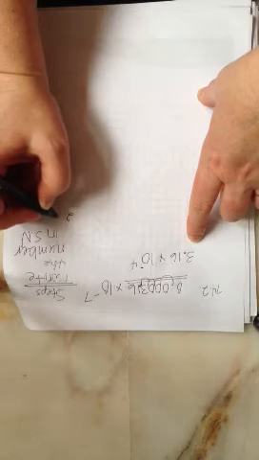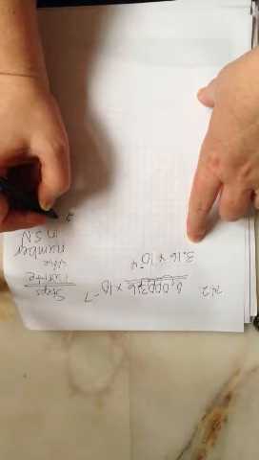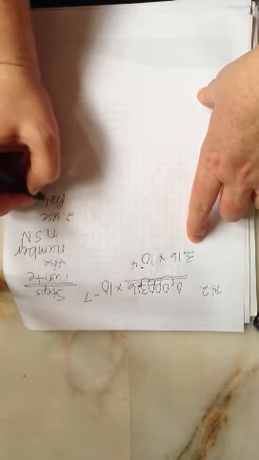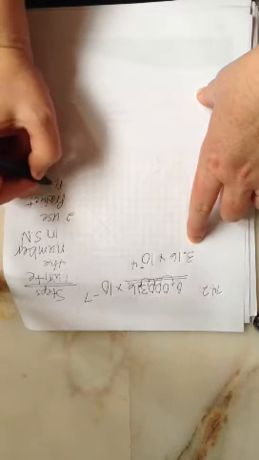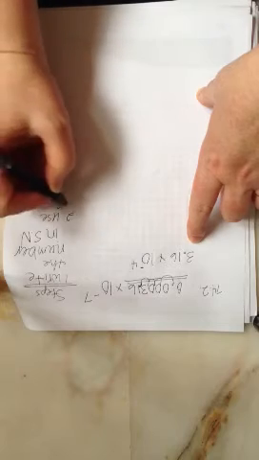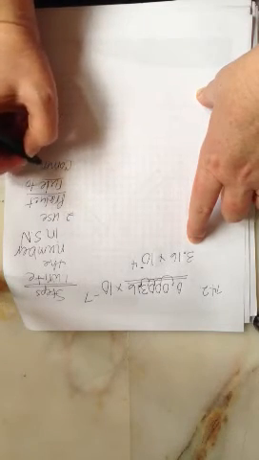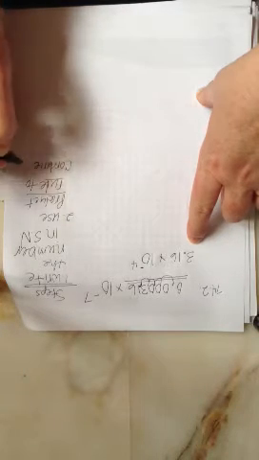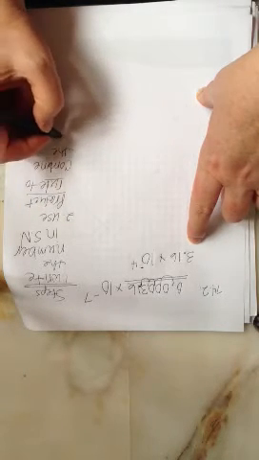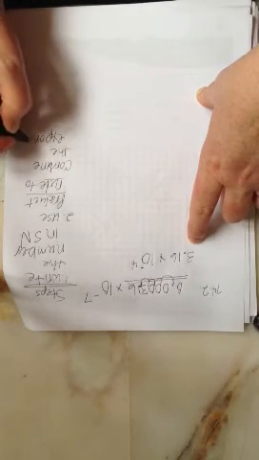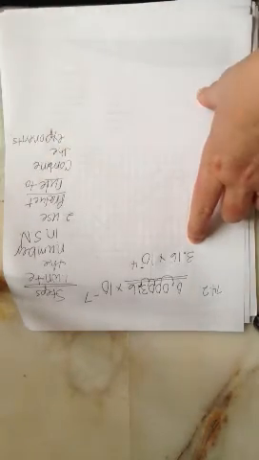Now we use the product rule to combine the exponents. And I'll show you what I mean by that. These things always sound weird.